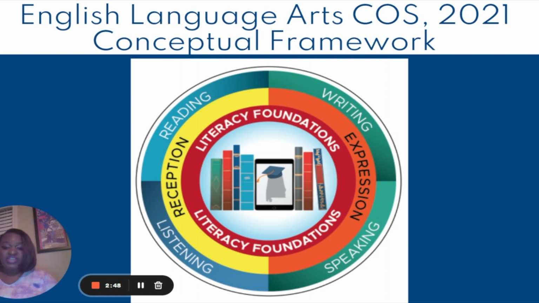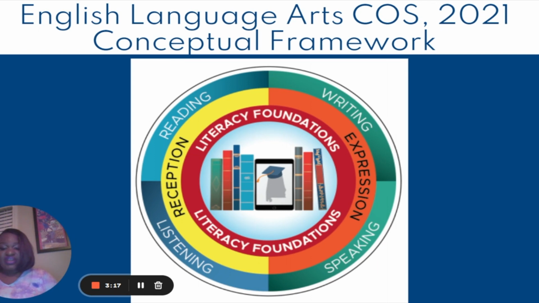I would also like for you to note that those areas are of equal size, symbolizing that they are all of equal importance. We have to be able to teach our students to read, to write, to listen, and to speak in order to get that proficient reader, which is the ultimate goal.